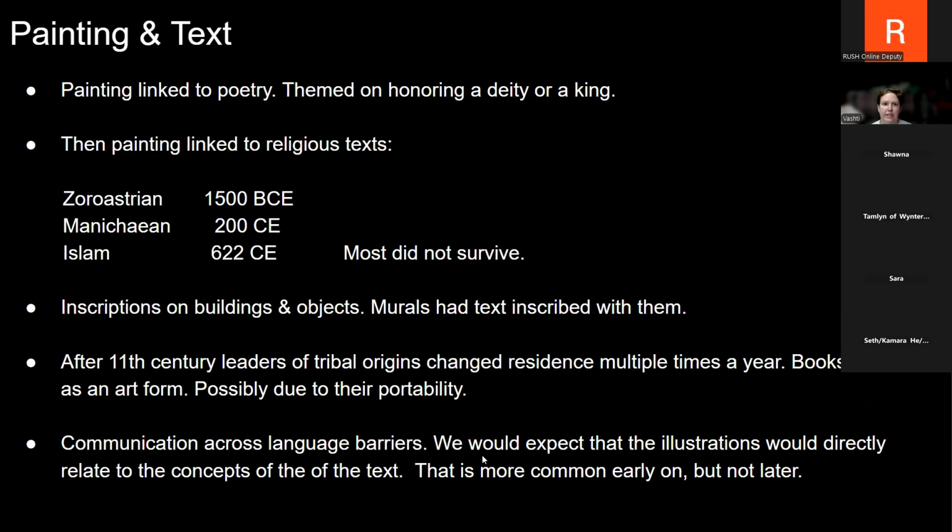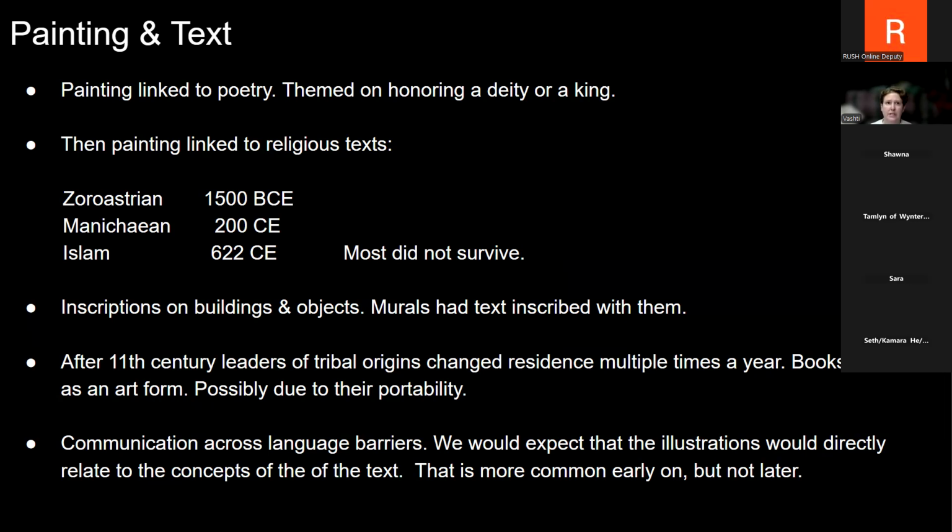One of the really fascinating things we have happening with painting from the very beginning in Persia all the way through the Islamic era on into the Mongol era is we have painting linked with text. Very early, it's linked to religious texts. So almost every painting that is referenced is honoring either a person in the royal family or a deity.